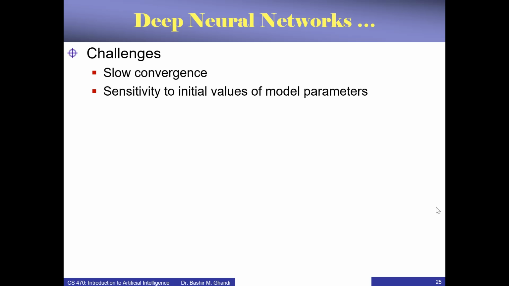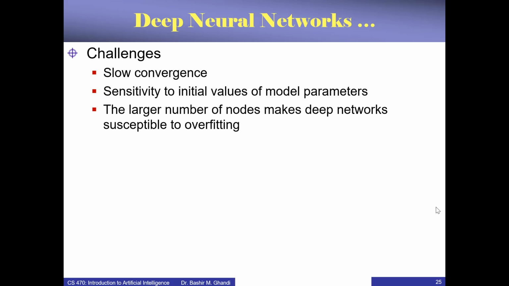Another challenge is sensitivity to initial values of model parameters. The larger number of nodes makes deep networks susceptible to overfitting. As we discussed before, if the network is large, it may be susceptible to overfitting, but we will see how these issues are solved in the next point.